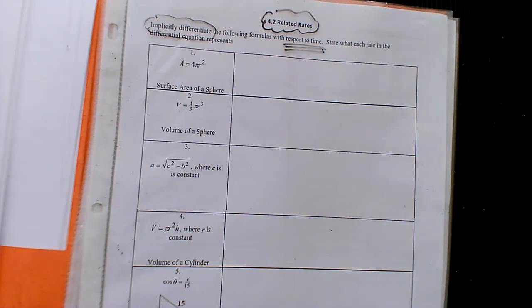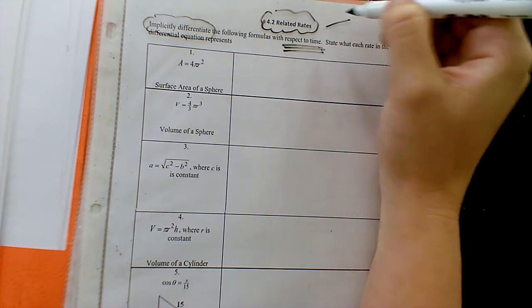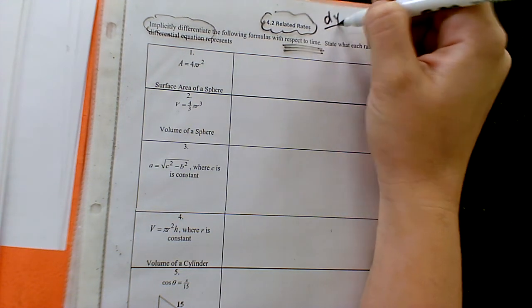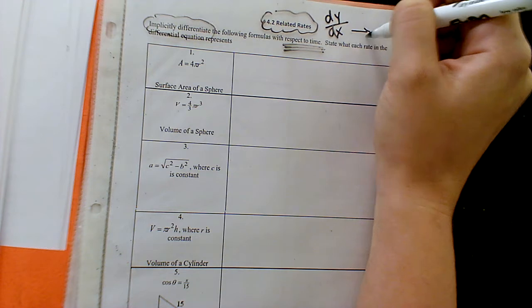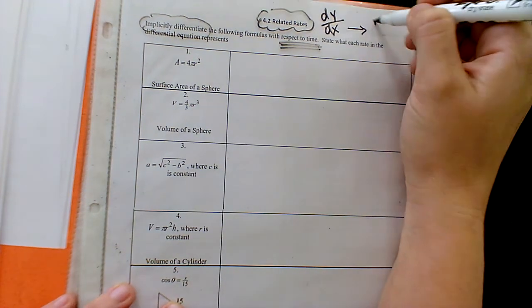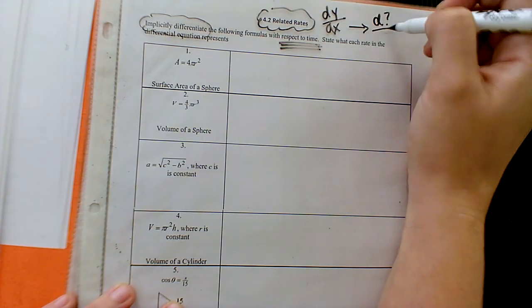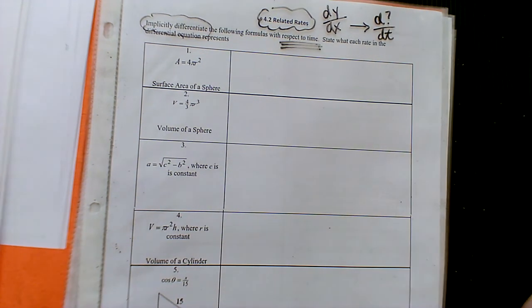If you look at the rates from the taco cart example, do you notice how they are feet per second? Second is a time unit. When we find the derivative, instead of writing dy over dx for these rates, we're going to write d something over dt.